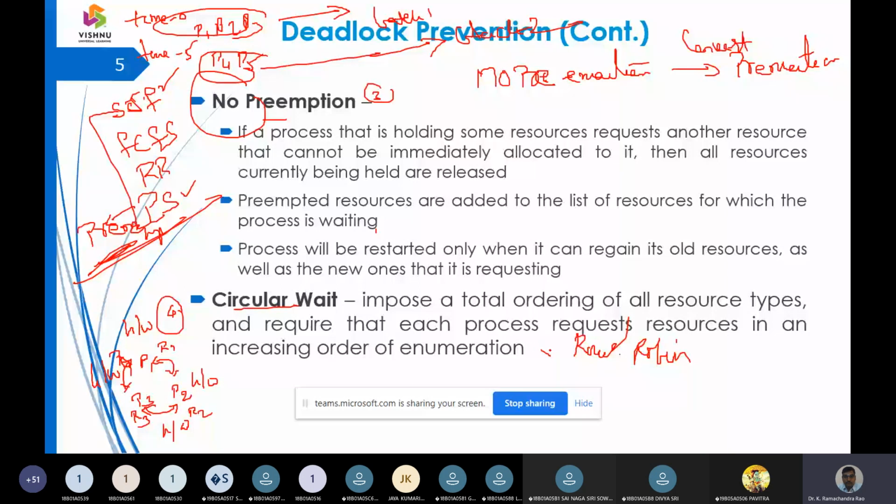So eliminate the round robin concept, that is, impose a total order on resources, and require that each process request in an increasing order of enumeration. The order we decide should not form a cycle.